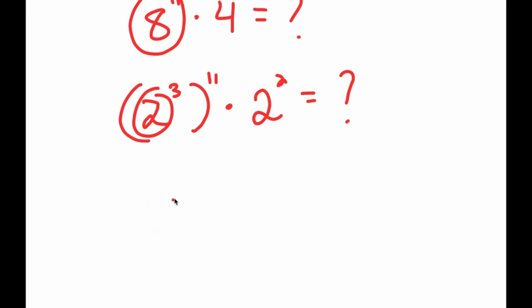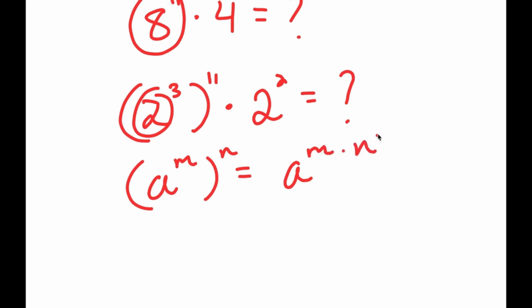From here, if I have something in the form a to the power of m, to the power of n, this is equal to a to the power of m times n.